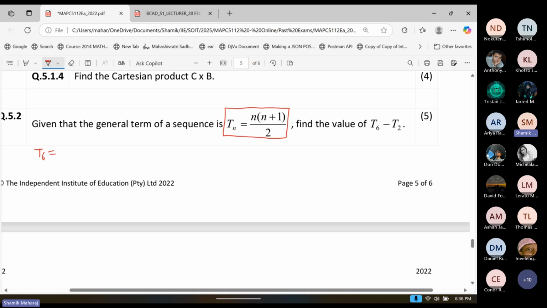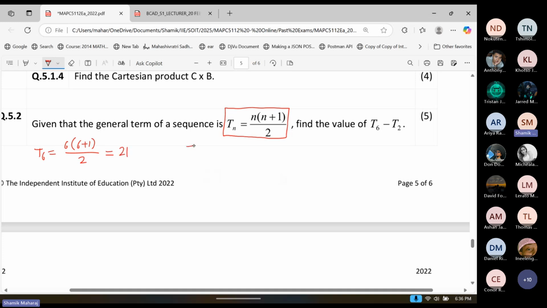T6 is equal to the formula I put a square around, but n is equal to 6. That's all this is telling us. So 6 into 6 plus 1 over 2. With these, you don't really need to show your working. You can just put this into a calculator immediately, which is probably always the safer thing to do. So in one go, 21.